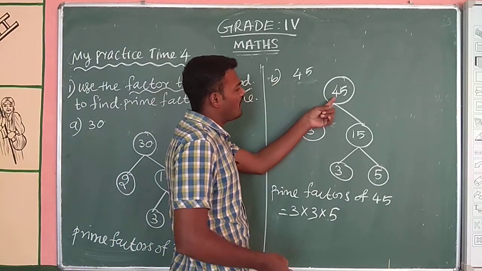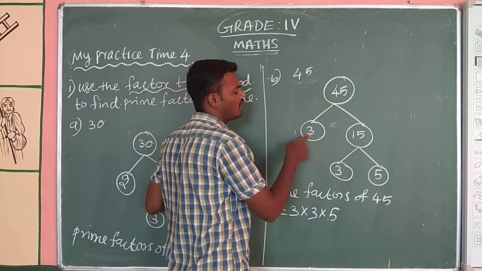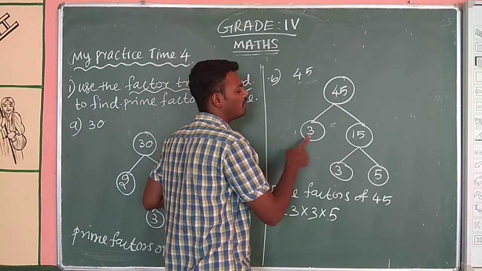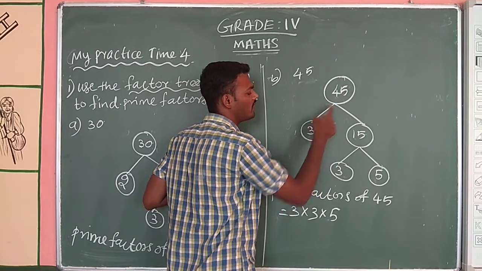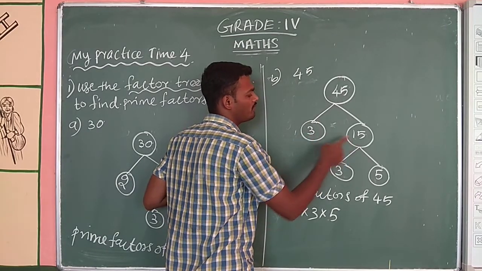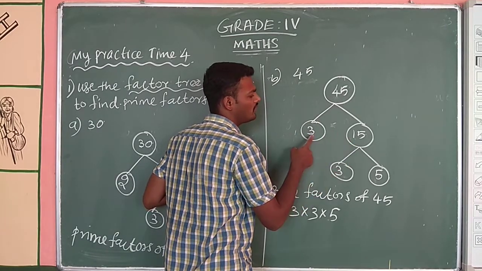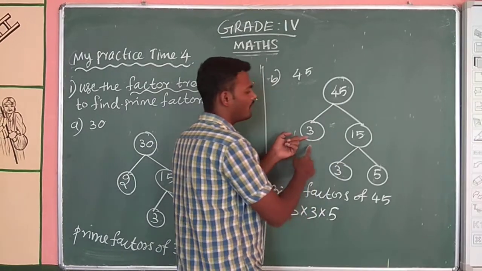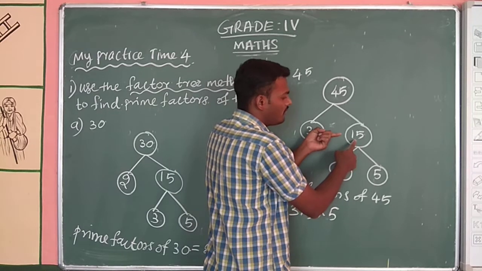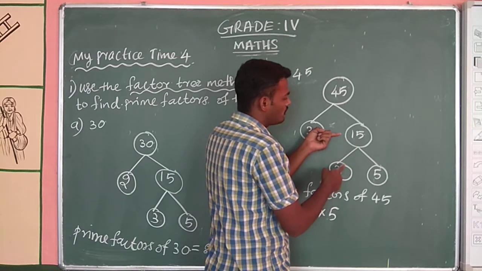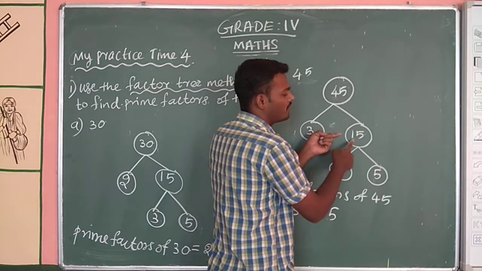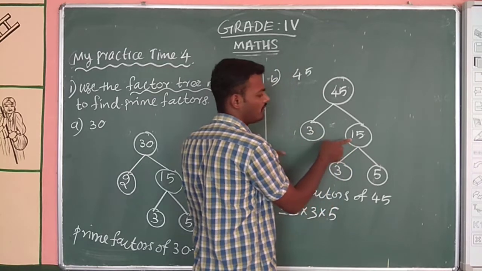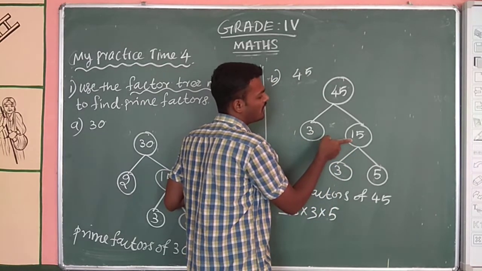So 45 is an odd number, so it cannot come in the second table. Next, third table. Using the third table, 3 15s are 45. So 3 is a prime number, so leave the prime number. Next, 15 splits in two parts. 15 is an odd number, so in second table 15 does not come.